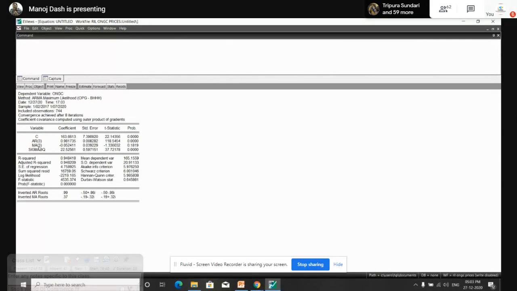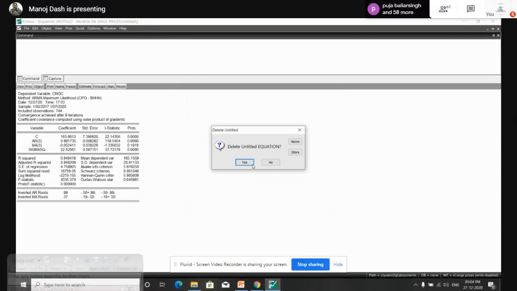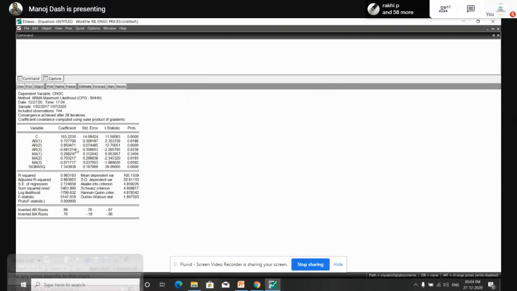Or you can also do it like this. Quick, Estimate Equation, ONGC, then C, AR1. We had three components for AR3, right? Okay, the AR3 was wrong. So AR1, AR2, AR3, MA1, MA2, MA3. This is your right result. That was wrong. Okay? Yes.